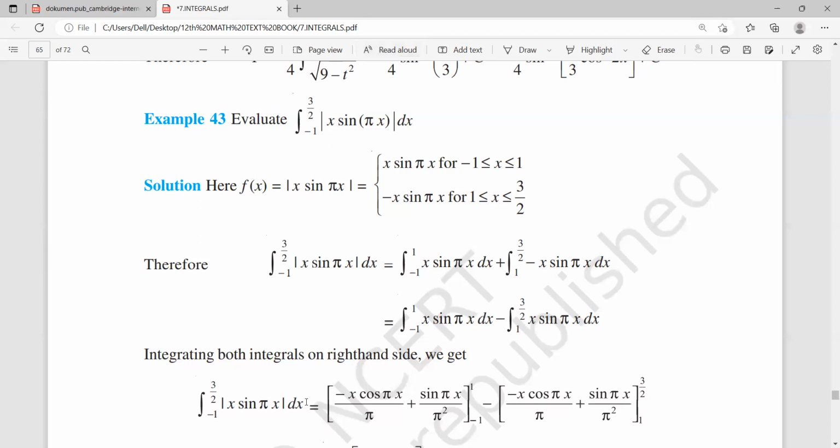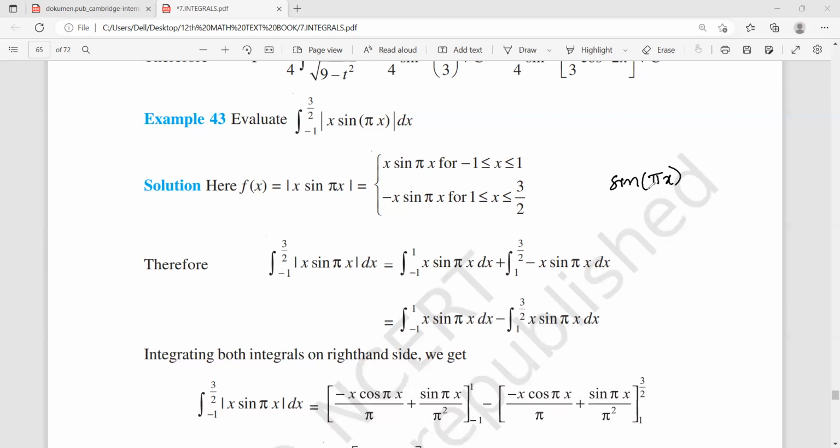Generally, how do we discuss this? So sine pi x. When you say sine pi x, which quadrant is this? We don't know.